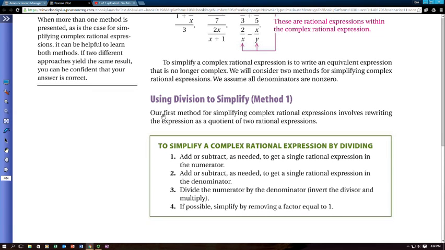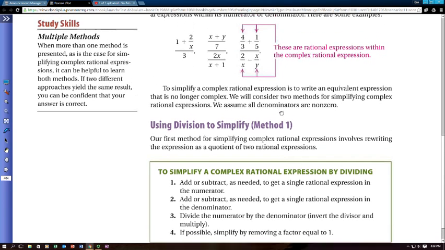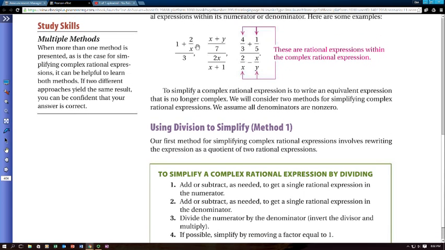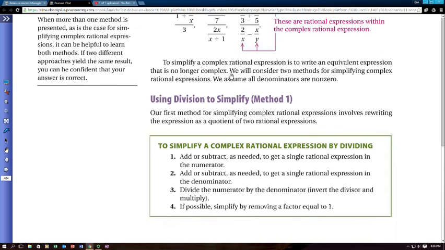So the first method they're going to show us is a problem-solving strategy again. Our first method, simplifying this complex rational expression, involves rewriting the expression as a quotient of two rational expressions. In other words, we're going to go back to this one and say 1 plus 2 over x divided by 3. We're going to take the main fraction bar and treat it like a division.